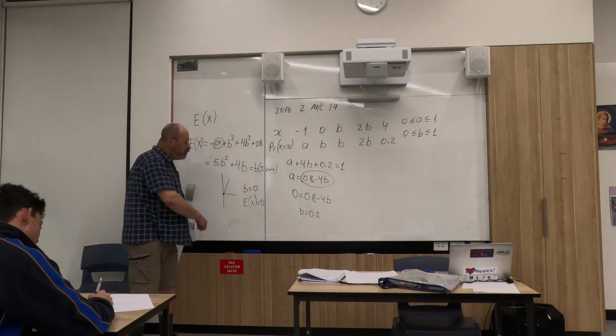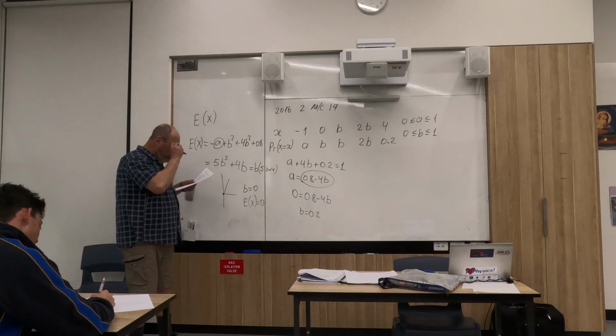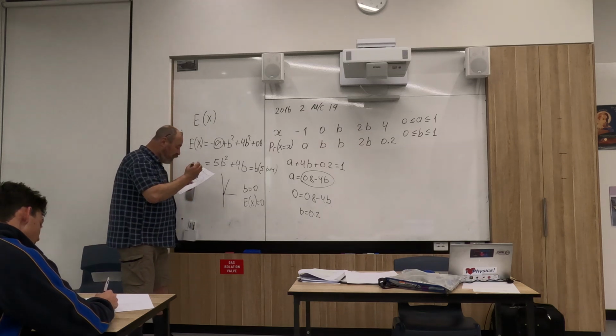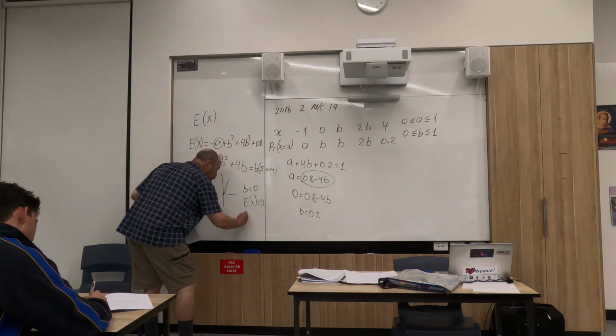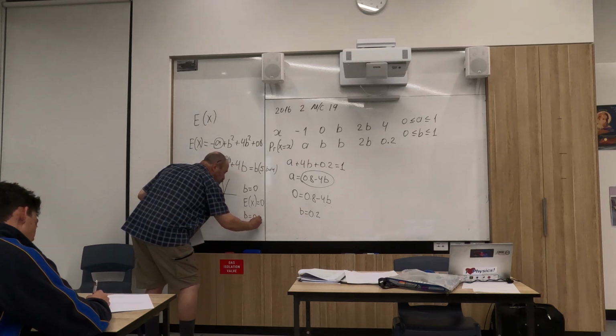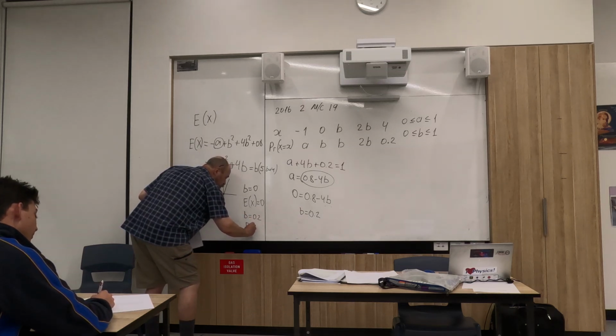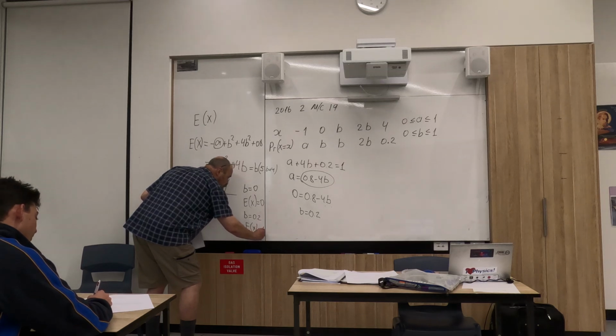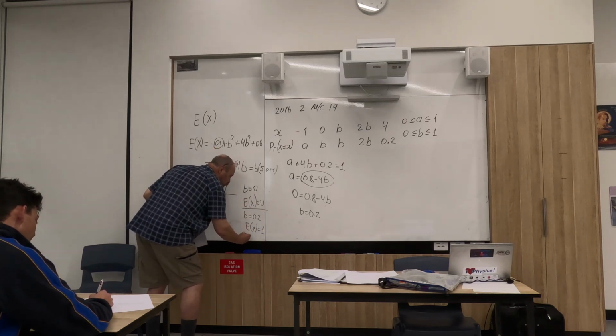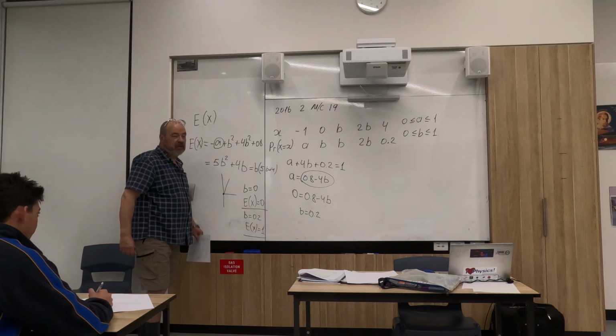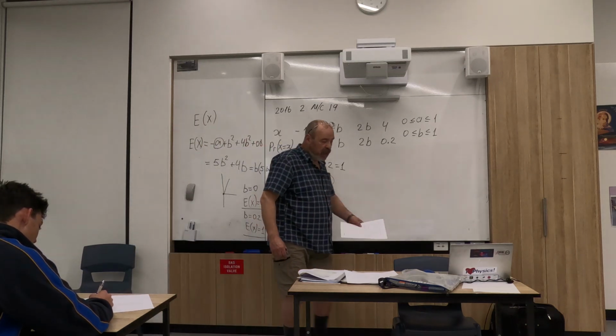We substitute B equals 0.2, and when B equals 0.2, the expected value equals 1. So this is the smallest value of the expected value, and this is the biggest value.